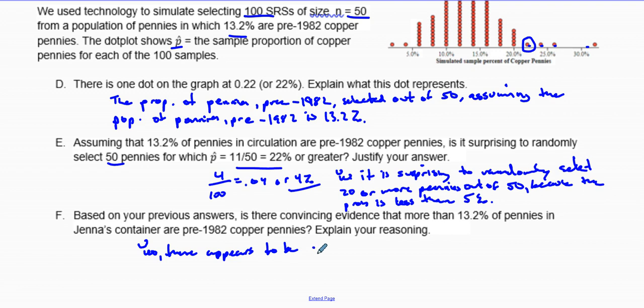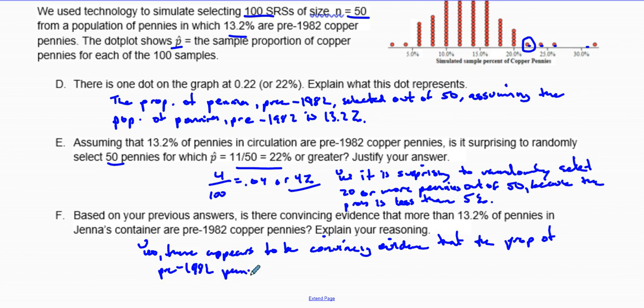There is convincing evidence that the proportion of pre-1982 pennies in circulation is greater than 13.2% because of that answer.